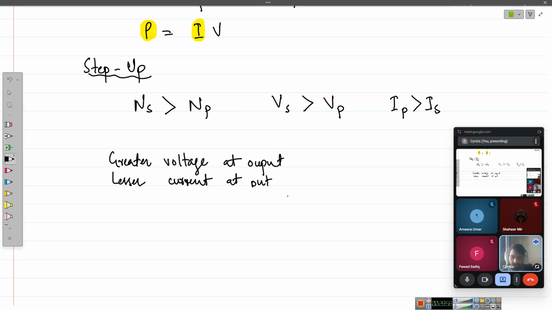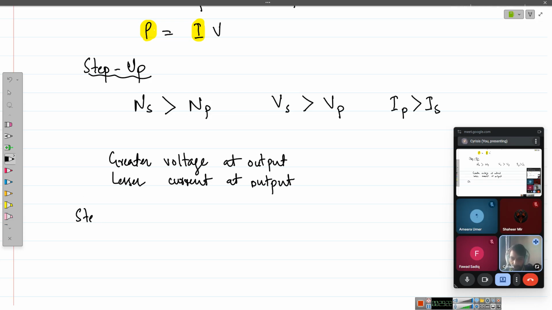And that's basically the trade-off that we're making over here, right? That the voltage is increased, but as a result, our current is reduced, right? Clarified? So keep in mind, if you're trying to attain more voltage, then you'll have to compensate for the current. And if you're trying to get more current, then you'll have to compensate for the voltage, right?